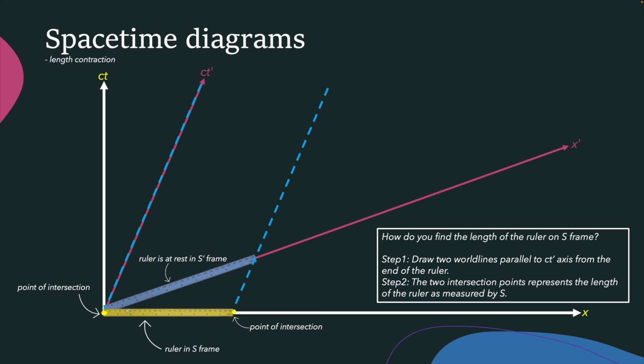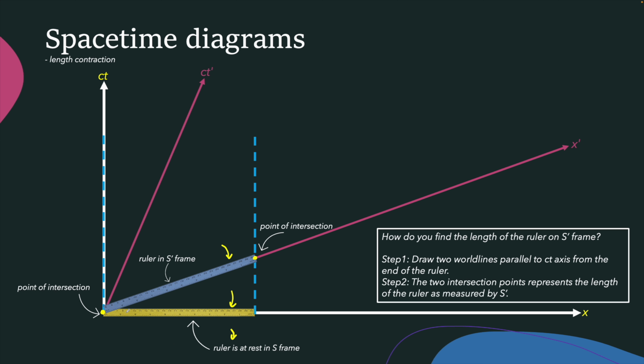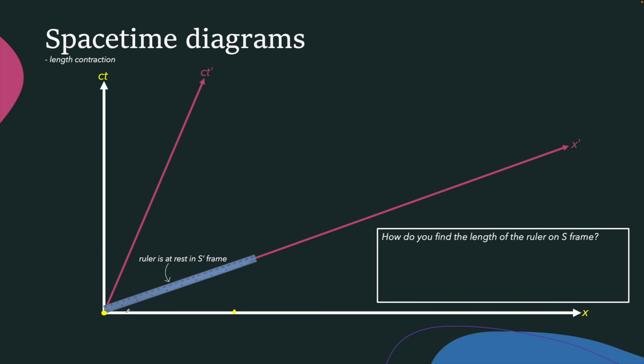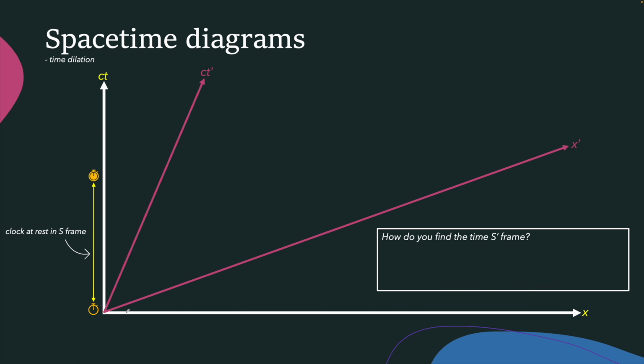One thing to be noted here: if the ruler is at rest in S prime frame, you will draw those world lines parallel to your ct prime axis. In case the ruler is at rest in S frame, then you're going to draw parallel world lines to the ct axis.